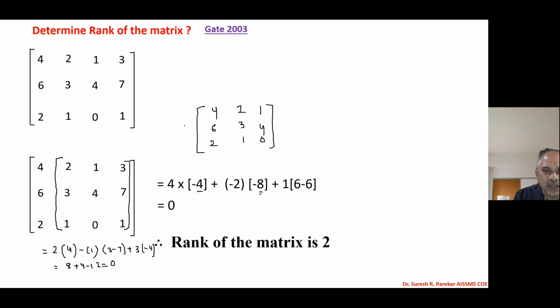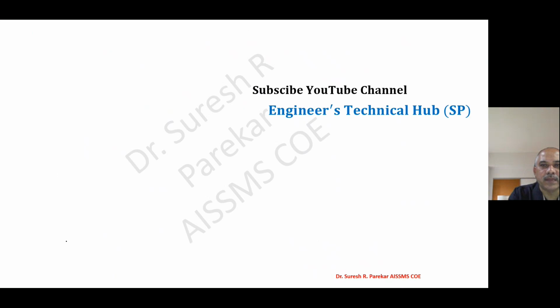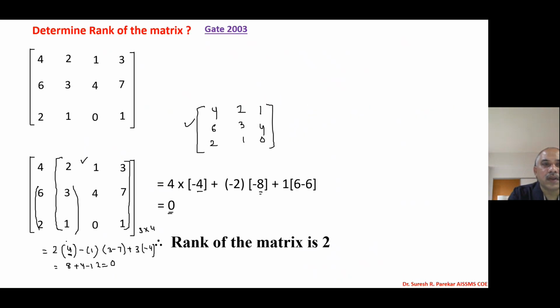So by considering the first three or next three, the value is 0, which means my rank should not be 3. It will now be reduced to 2, because for any 2 by 2 we consider, we get this value not 0. So likewise we have to go for this.